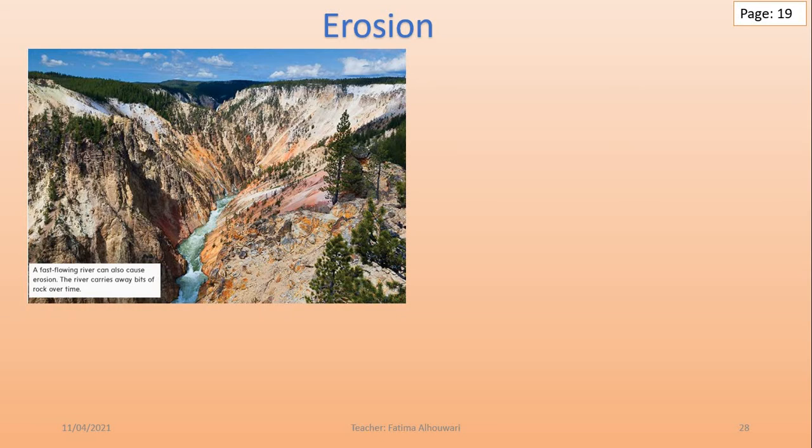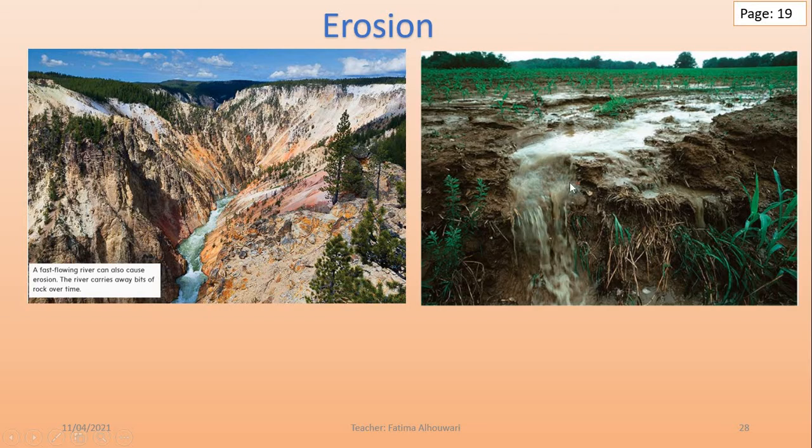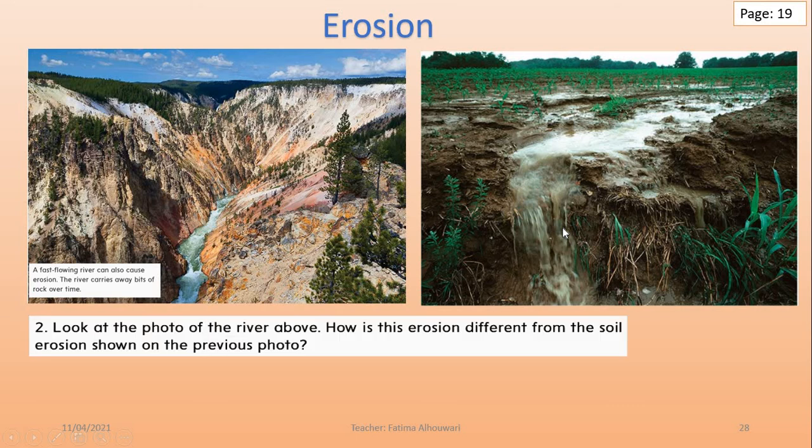So, erosion sometimes takes a long time, just like this one. This fast-flowing river needs many years to cause a change. While erosion in this photo, you can see it at the moment. Now, what do you think, grade 2?